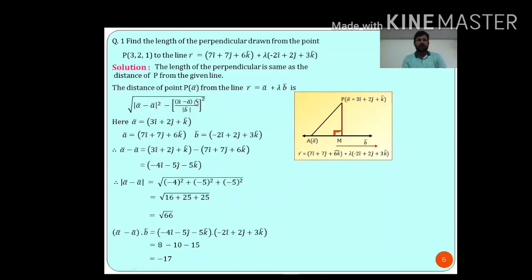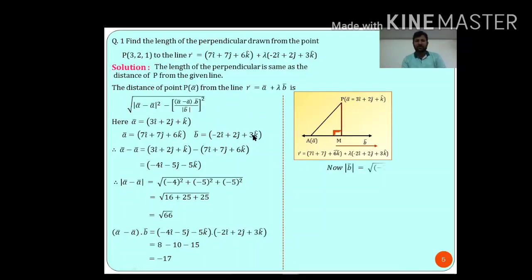After the dot product, we require the magnitude of vector B bar. B bar has coefficients minus 2, plus 2, and last is 3. The magnitude of B bar is equal to under root of minus 2 square plus 2 square plus 3 square.